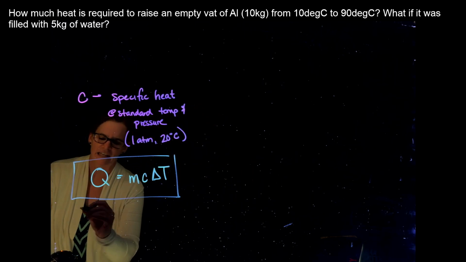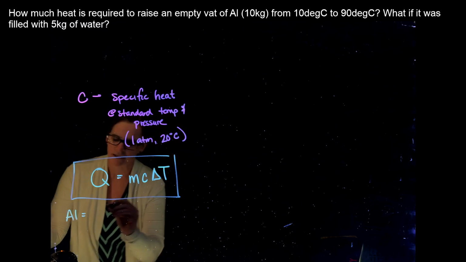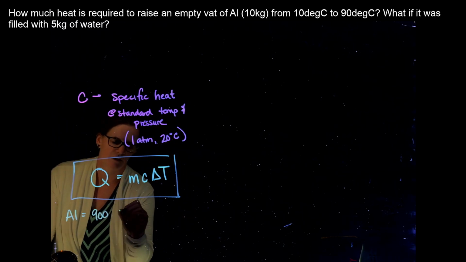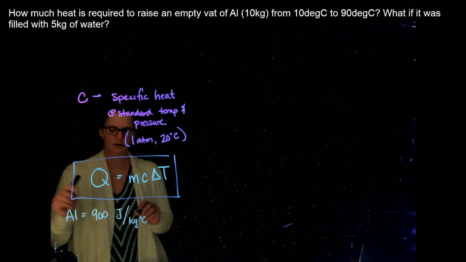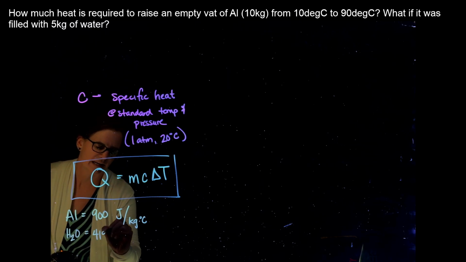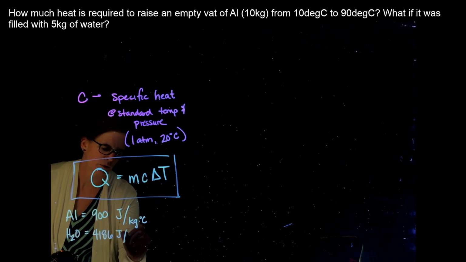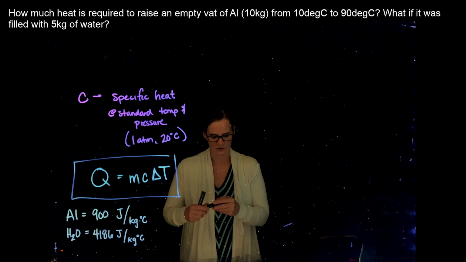The specific heat of aluminum is equal to 900 joules per kilogram times degrees Celsius is the unit. And the specific heat for water is 4186 joules per kilogram degrees Celsius. So that number should sound familiar. That was that number we've used before.